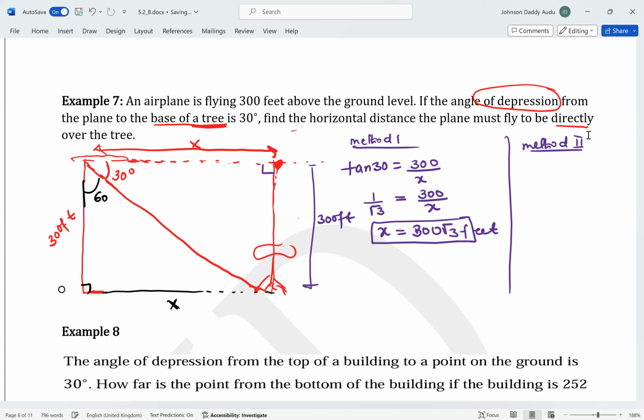So we can use opposite over, this is going to be the opposite, yes. Opposite over what? Still adjacent, all right. So here we can say tan 60, not tan 30.